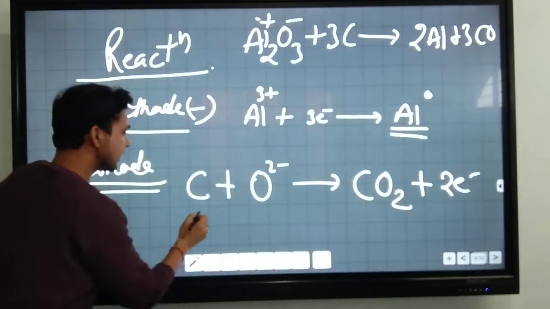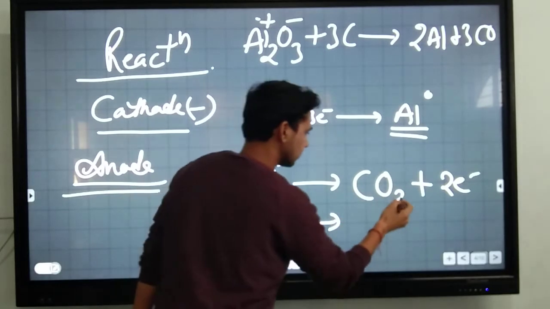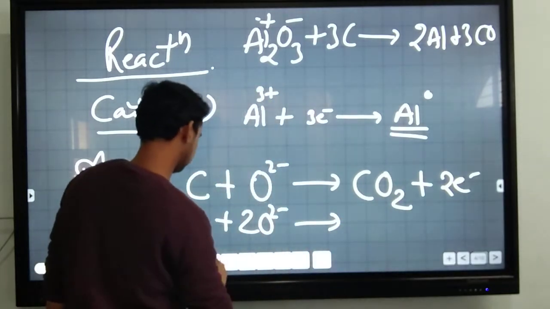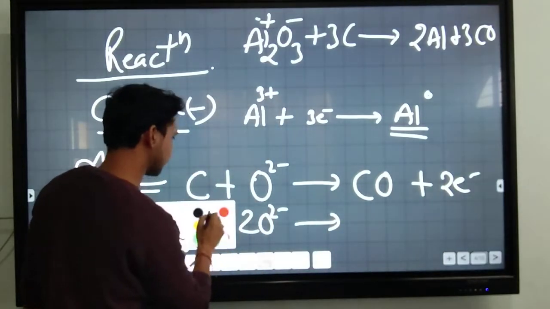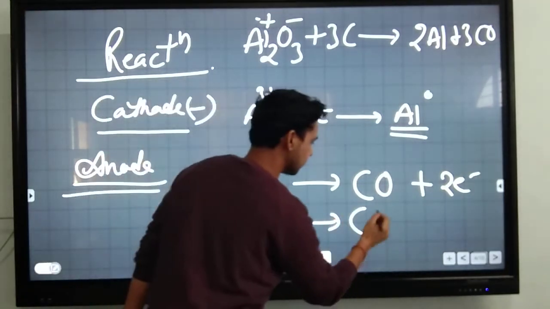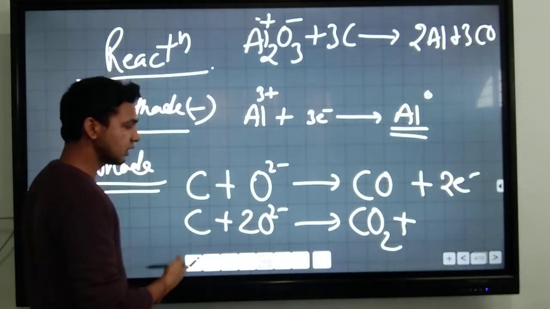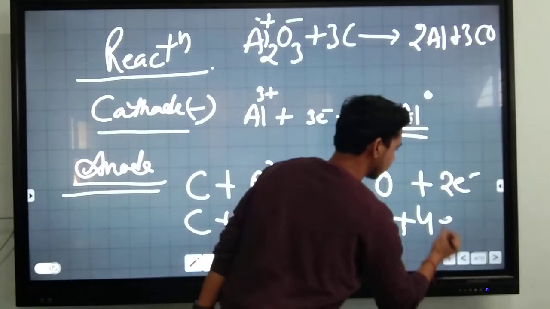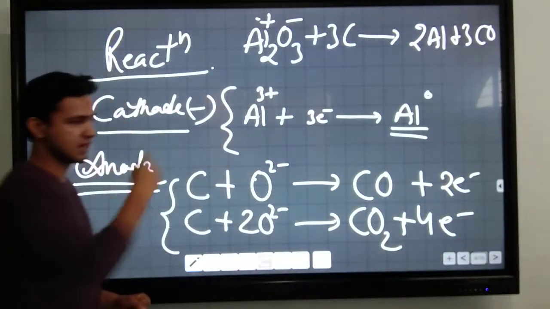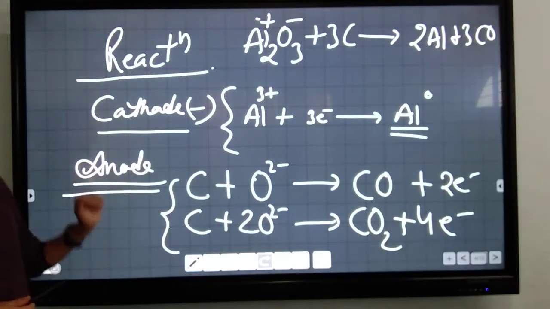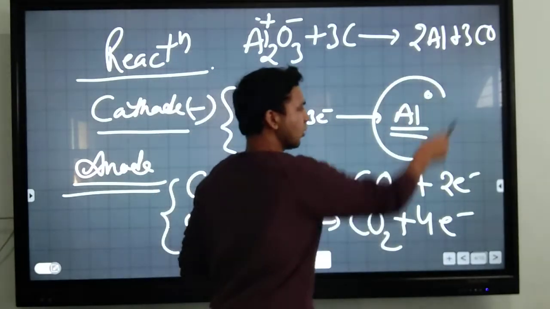In the next reaction, the carbon reacts with 2 oxygens and forms CO2. One oxygen donates 2 electrons and 2 oxygens donate 4 electrons. So that reaction takes place at the anode and that reaction takes place at the cathode. That process takes place inside the Hall-Héroult process and you get a large amount of aluminium.